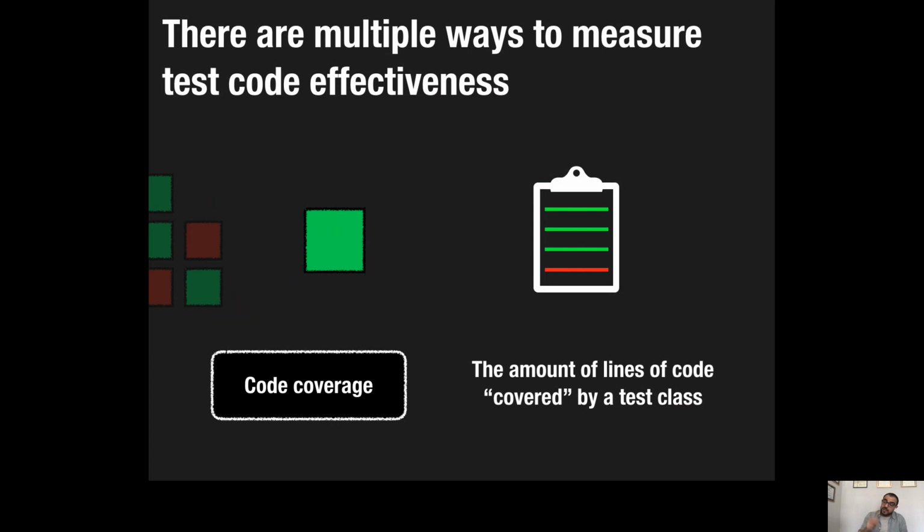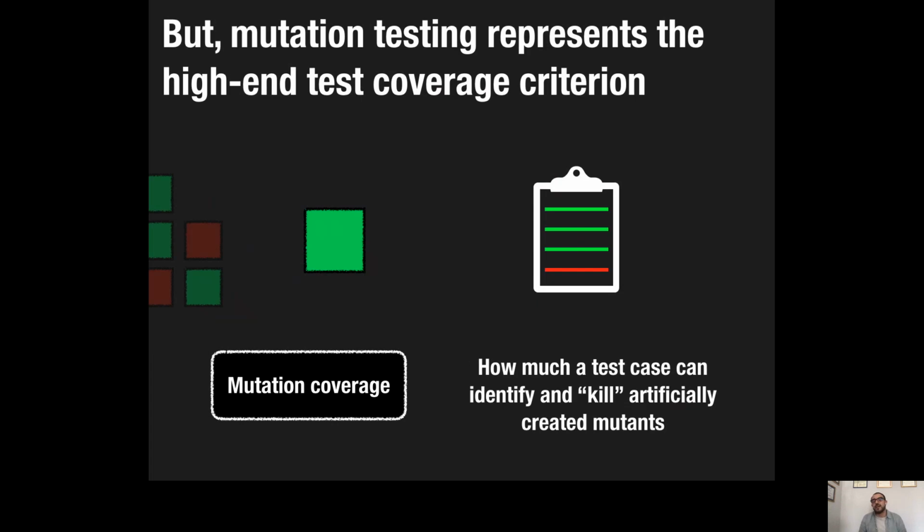Therefore, the research community has been working on alternative metrics for capturing the quality, the effectiveness of test code. And the key alternative to code coverage is certainly represented by mutation coverage.